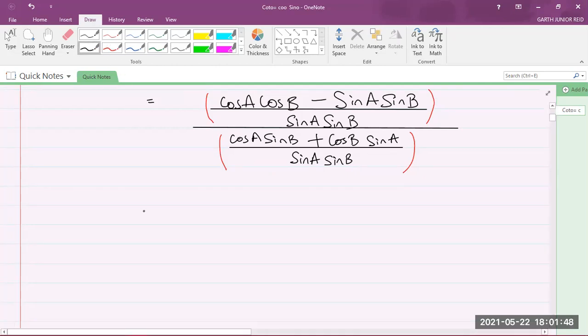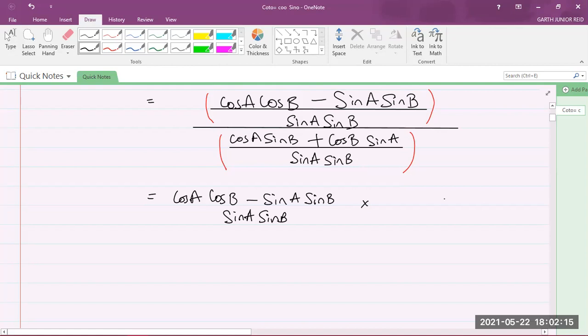So I can now say that this is going to be equal to cos A cos B minus sine A sine B, divided by the sine of A sine of B, multiplied by the reciprocal of the denominator here.